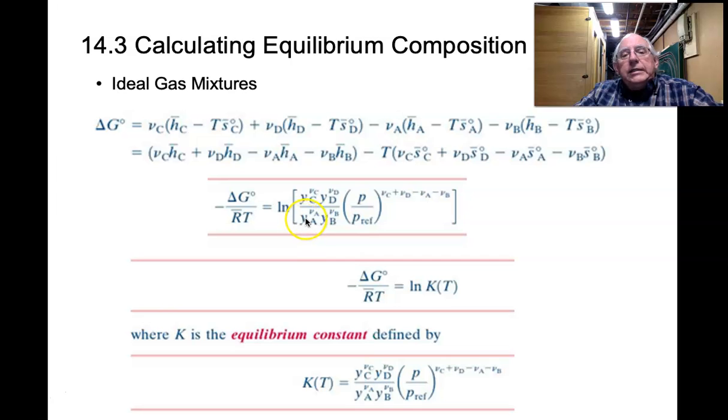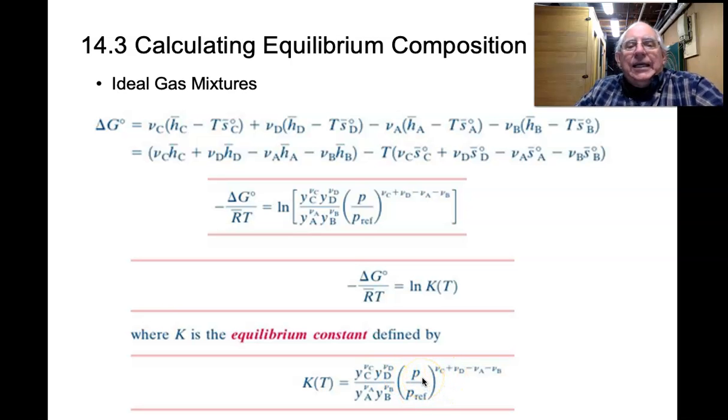And what has happened is the portion that's within the natural log is stated as being equal to the equilibrium constant, capital K. And so capital K is tabulated as a function of temperature. So for a particular reaction, for a given temperature, we can determine its equilibrium constant, and then we can use that to equal this, which is related to the mole fractions as well as the mixture pressure.